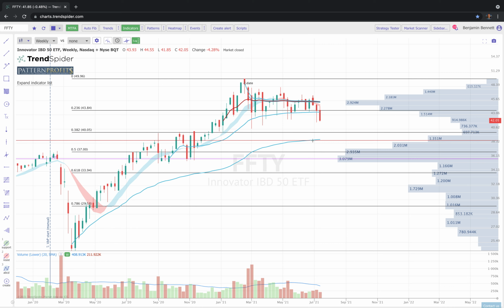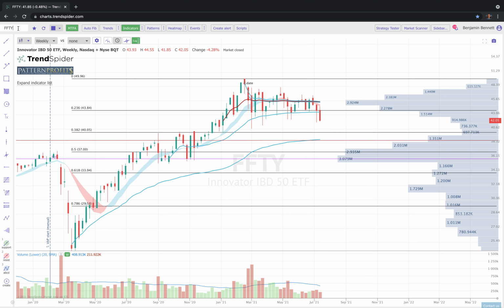You're below that. Does look like it could easily make a visit to that 38.2 retracement around the 40 mark. You do have this big empty area here of volume too that could easily fill in. But this also can happen very quickly, so don't want to get too overly bearish here.